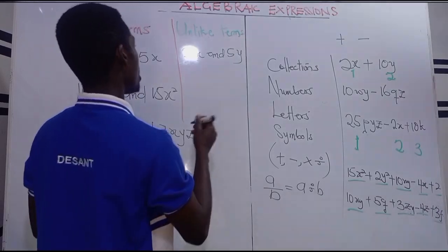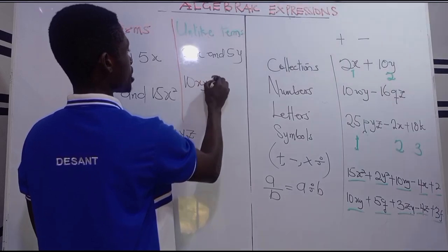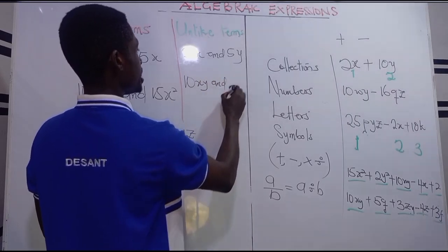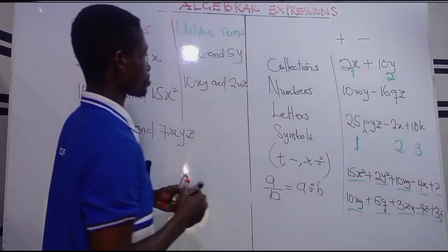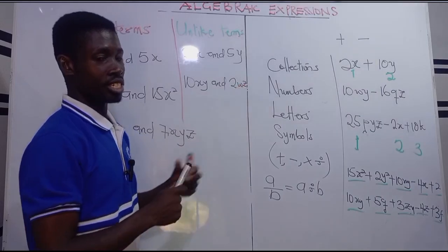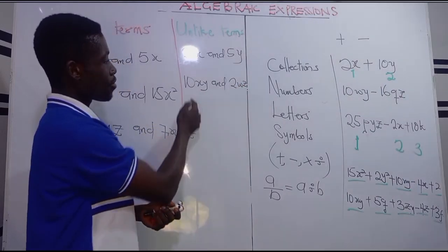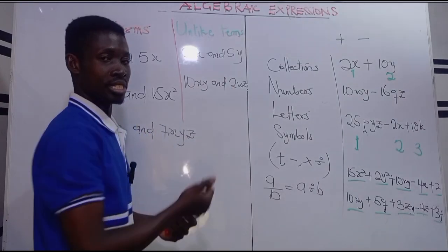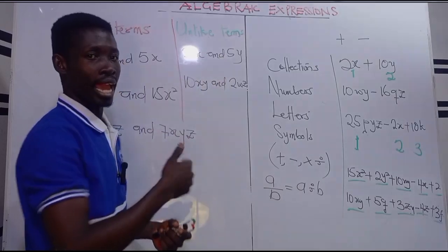Similarly, when you have 10xy and let's say 2wz, you realize that when you check the variables, they are different. We have xy and wz. So we say that this term and this term are unlike terms.